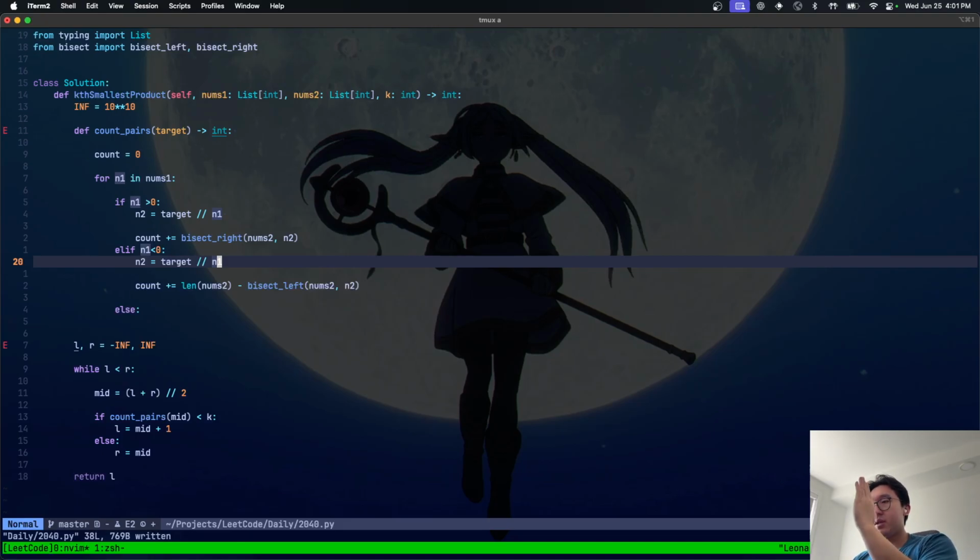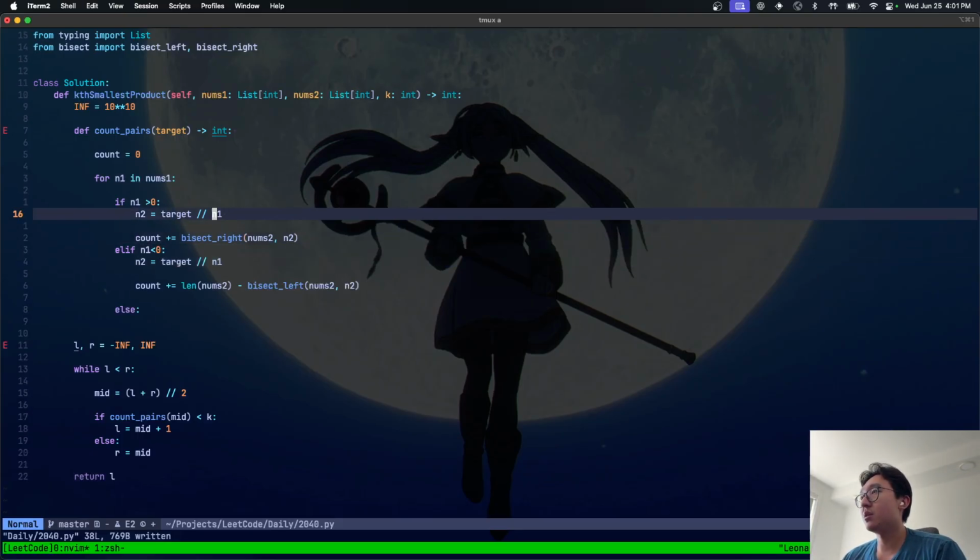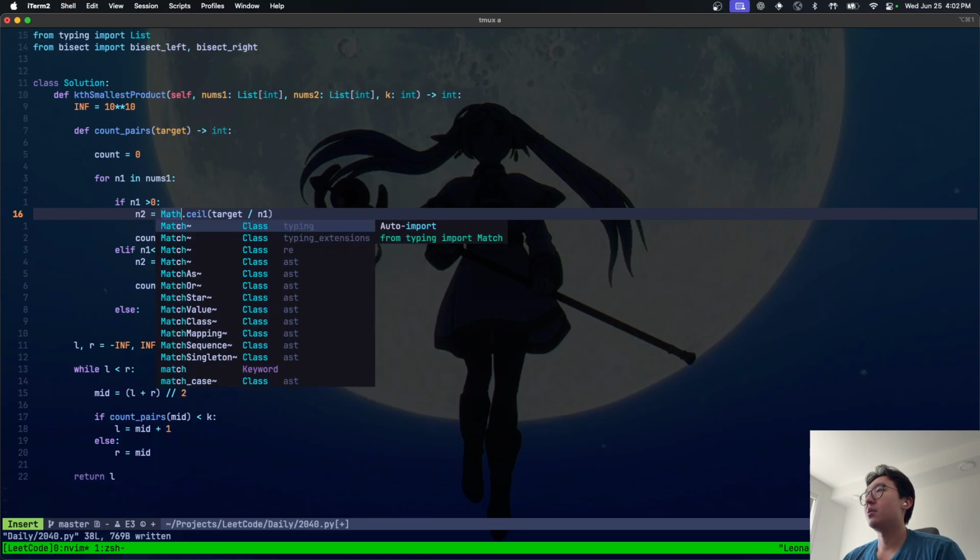But if we take the ceiling, we might go to here, but we want to go to here. I don't know, why wouldn't we just take the ceiling of both, honestly? math.ceil, I think it's a lowercase, right? Wait, I have to import this thing.